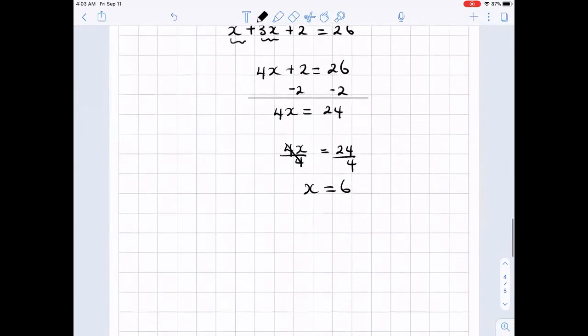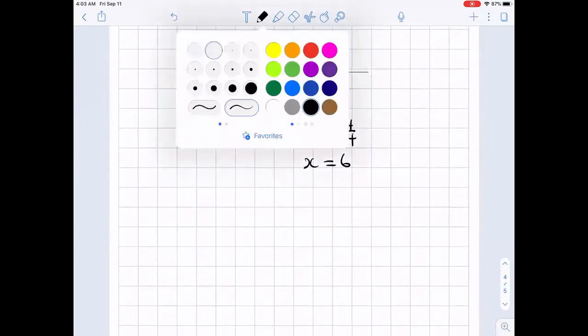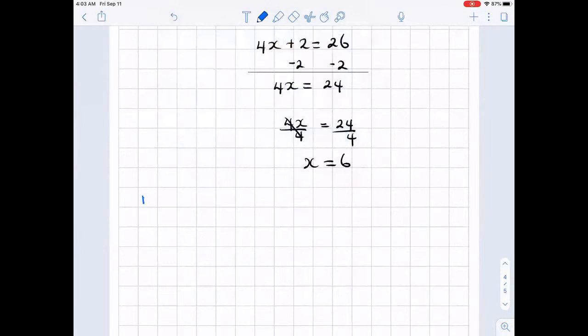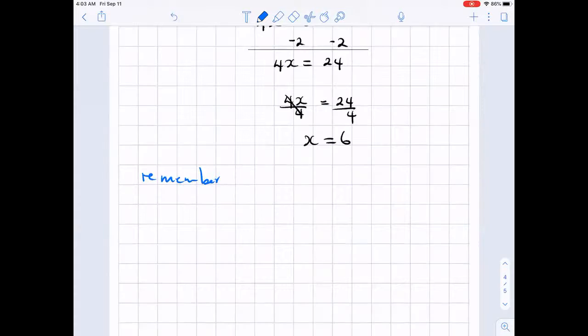Now remember, we have two numbers, right? You have to remember, this is only one of the variables you have.